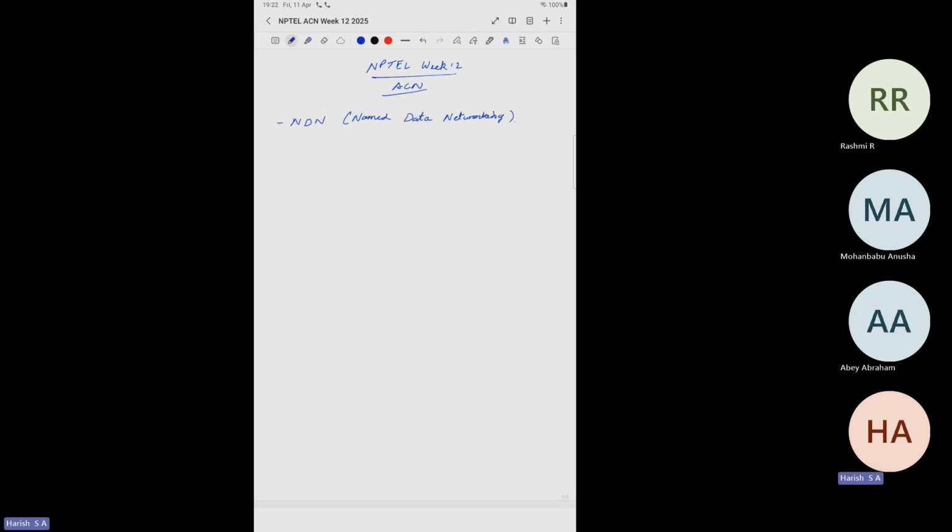So before going into this, what to expect in the next class, that is data plane programming: it's a practical, hands-on approach.